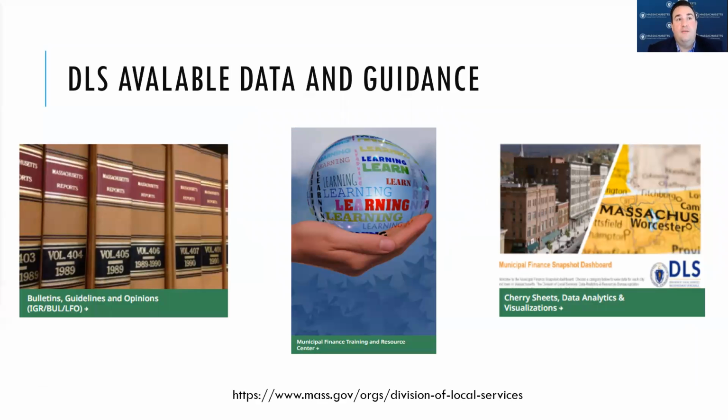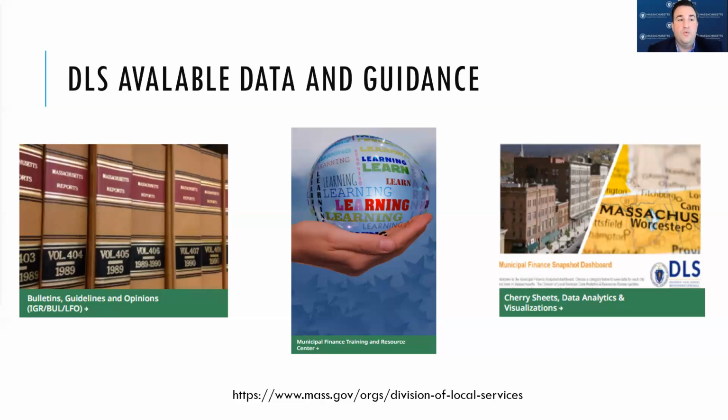As far as available data, what I wanted to do is show all 3 of these different sources. For this presentation, a lot of this is compiled from these 3 sources. On the left-hand side, you have the bulletins, guidelines, and opinions. The Law Bureau spends a lot of time constantly writing and rewriting all sorts of guidelines and opinions for classification hearings and how we're supposed to conduct classification hearings based off of Mass General Laws.